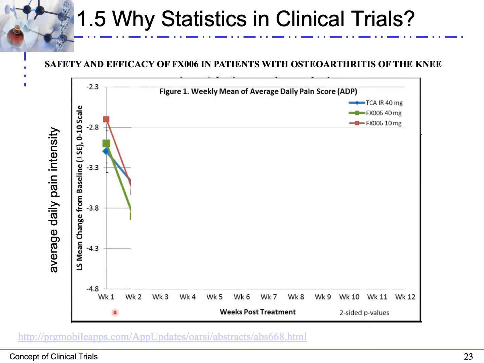What you see on the x-axis is weeks post-treatment, while on the y-axis you have the least square mean change from baseline, that is, an average daily pain intensity change from baseline.